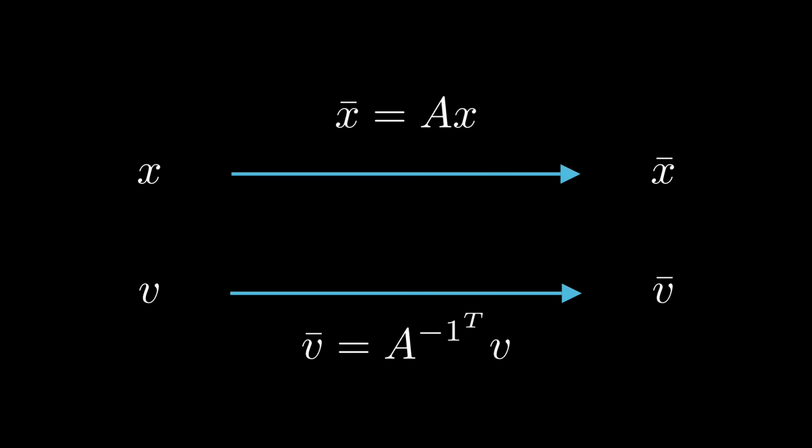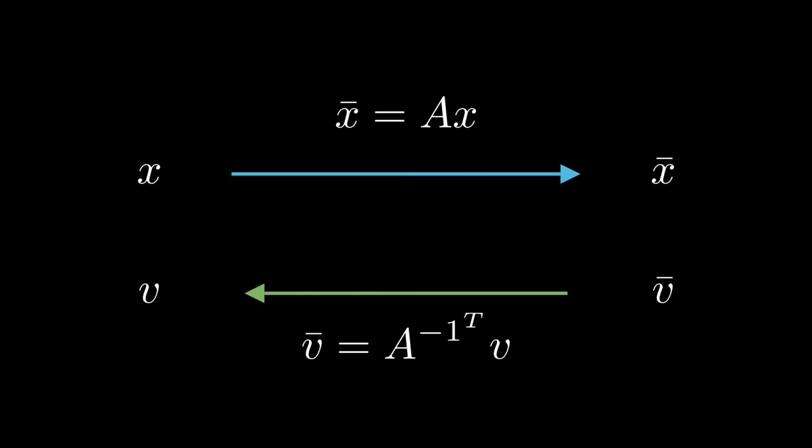We're going to keep doing that for x, but now for v, I'd like you to shift your mindset a little. Instead of picking a vector v in the input space, we're going to pick a vector v bar in the output space. And then we'll use a rule to get from there to a vector v in the input space. This may be a bit confusing, so pause and think about that if need be, but it doesn't change all that much ultimately.